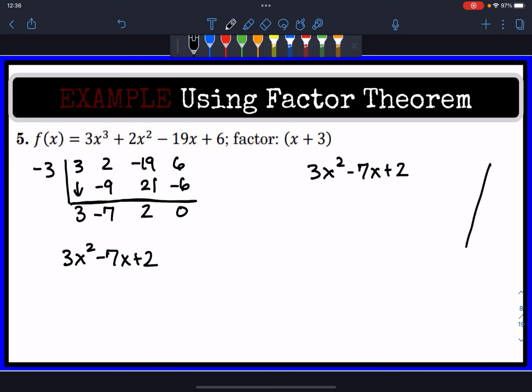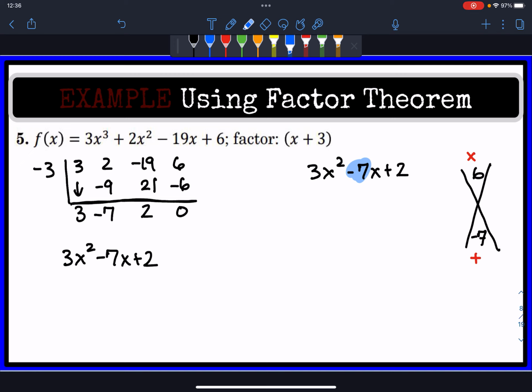So let's figure out what the remaining factors are going to be. We're going to start by multiplying 3 and 2. So 3 times +2 is equal to +6. And we want the factors of +6 to add up to that middle number, which is -7. Okay?